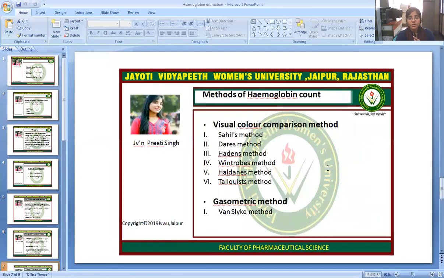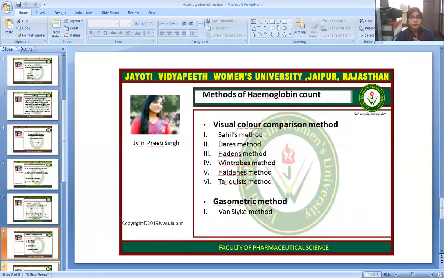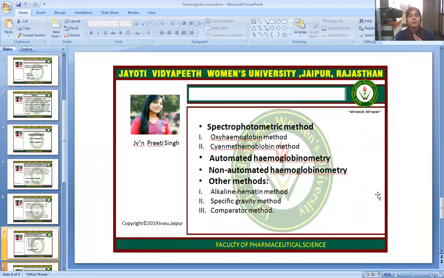So methods of hemoglobin count: visual color comparison method, Sahli's method, Dare's method, Haldane's method, Winthrop's method, Alden's method, Tallqvist's method, geometric method, and Wu-Stricker method. Then spectrophotometric method, oxyhemoglobin method, cyanmethemoglobin method, automated hemoglobinometry, non-automated hemoglobinometry, and other methods: alkaline hematin method, specific gravity method, and comparator method.